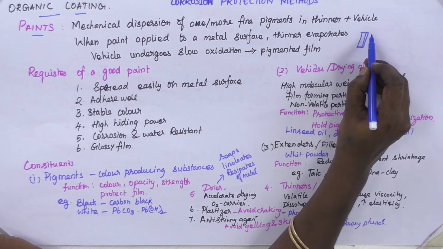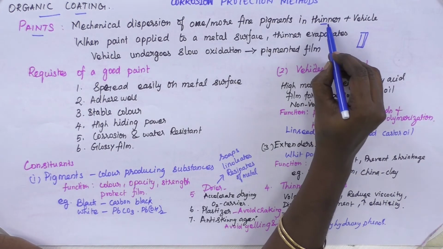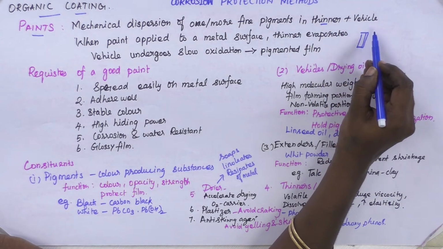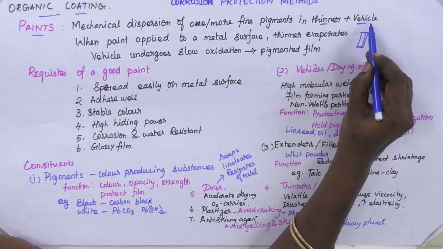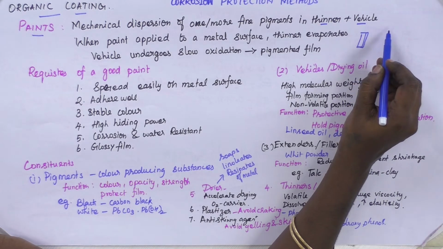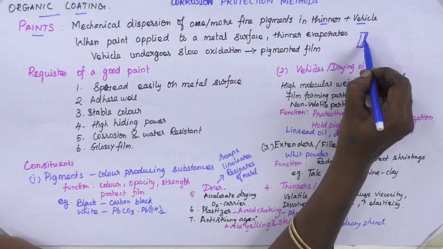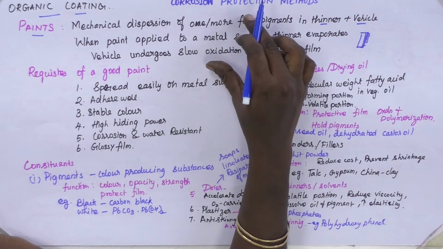During film formation, the thinner, which is a volatile substance in the paint, gets evaporated, and the vehicle, which is vegetable oil, undergoes polymerization, that is, an oxidation process, and forms a film that is solid in nature. This solid film holds the pigment present in the paint. So this is the definition of paint.